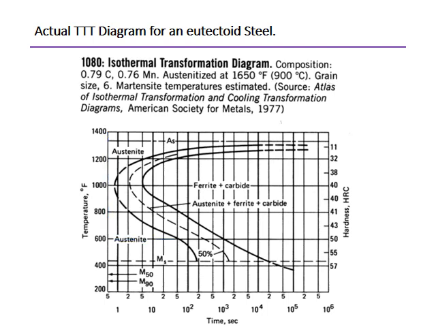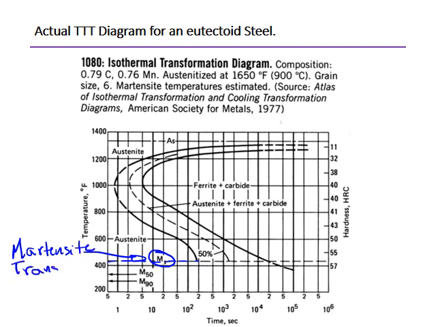Now there are two new lines here. This dashed line that you can see here, and there is a particular reference to this, which is MS. This is reference to Martensite transformation.